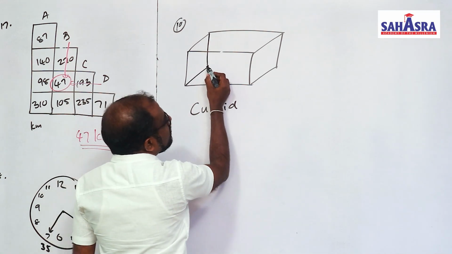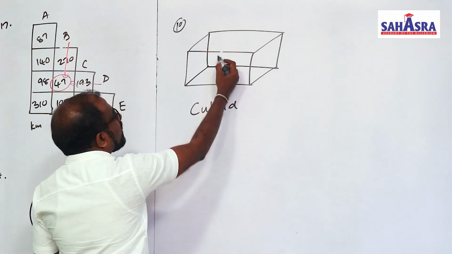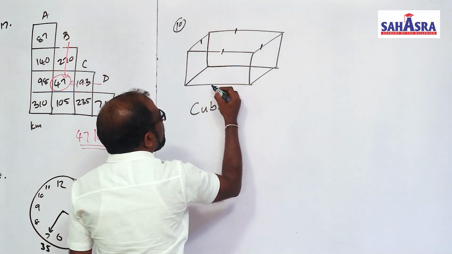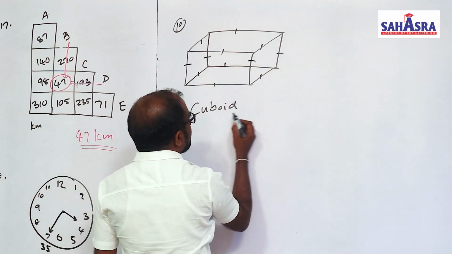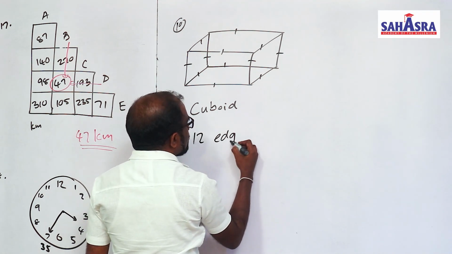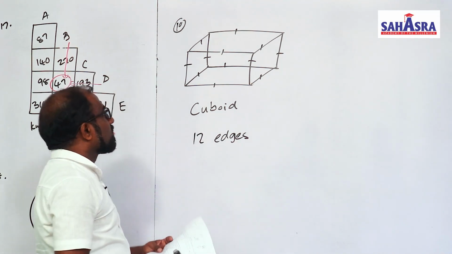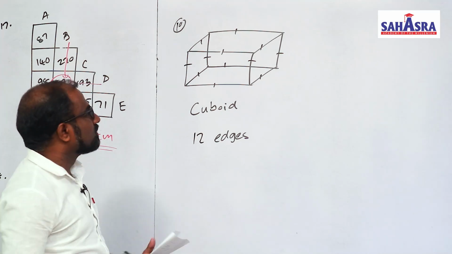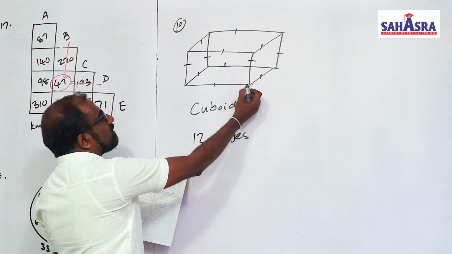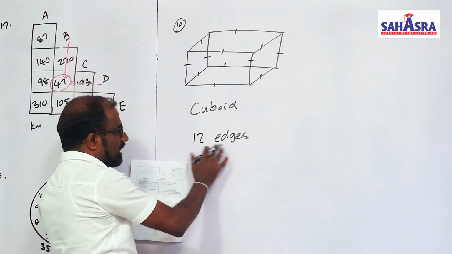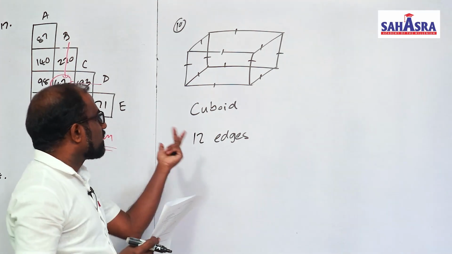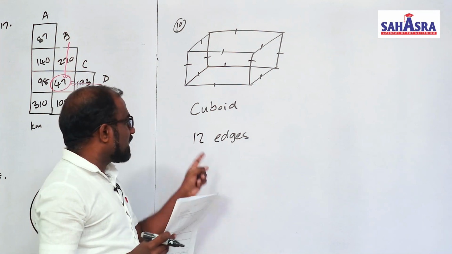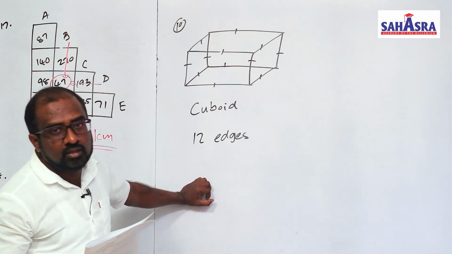You can just draw a cuboid and count. 1, 2, 3, 4, 5, 6, 7, 8, 9, 10, 11, 12. It has got 12 edges. 6 faces and 8 vertices, right? But here they have asked only the number of edges. So, 6 faces, 8 vertices and 12 edges in both cube and cuboid.